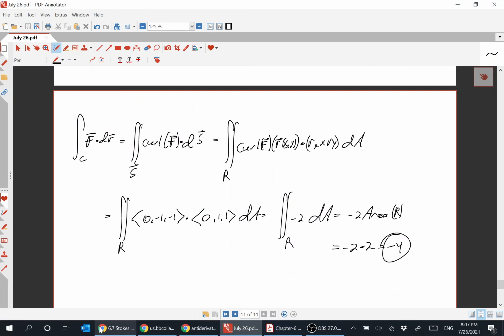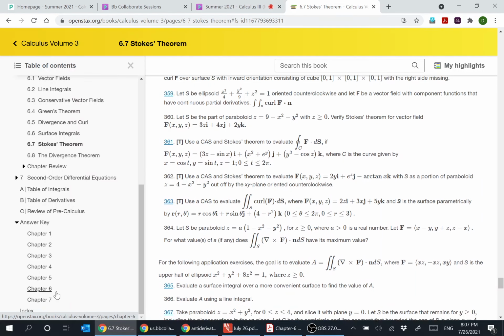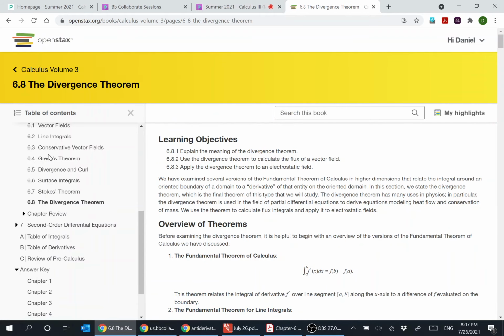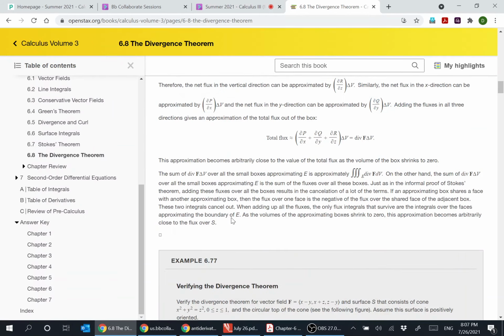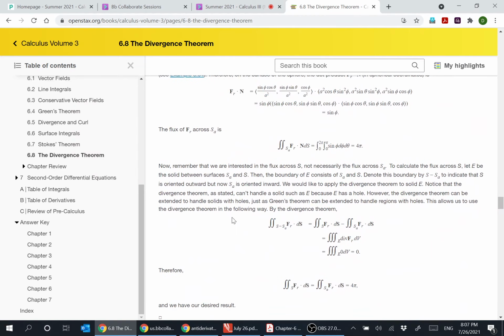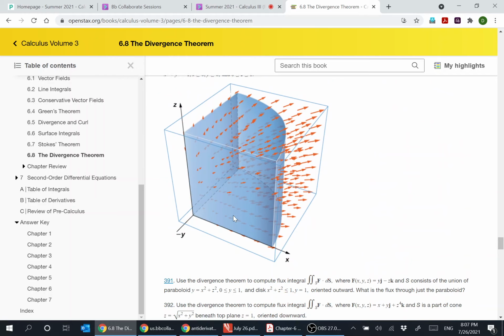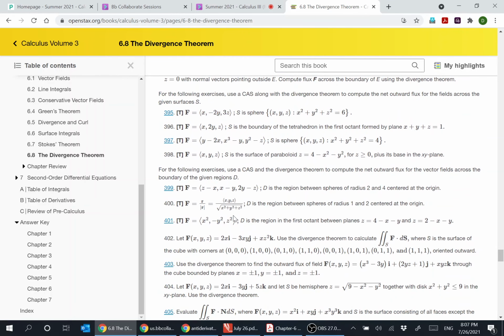So let's do some examples from section 6.8. So let's see, 397 is one of the problems. I want to do a sphere calculation. 402, 410.